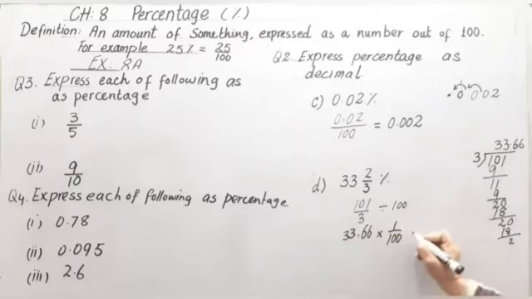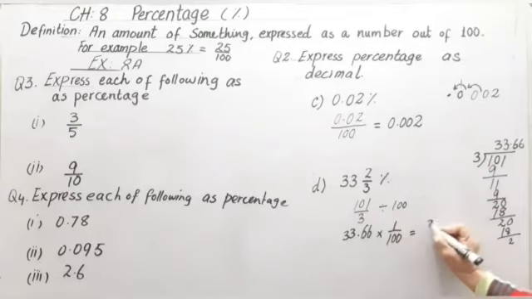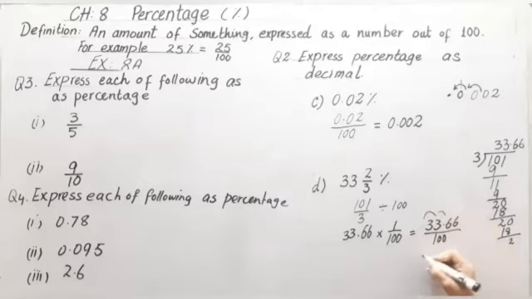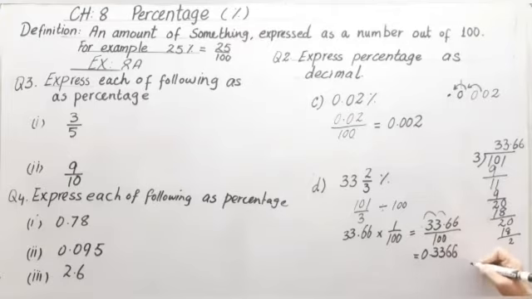Now we can write 33.66 divided by 100, and there are 2 zeros, so our decimal point moves 2 places, and it will be 0.3366. But we give the answer to 3 decimal places.